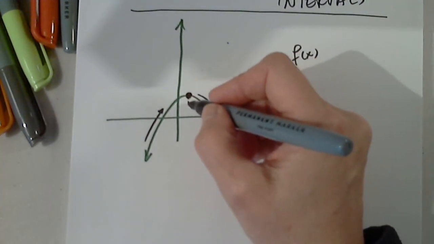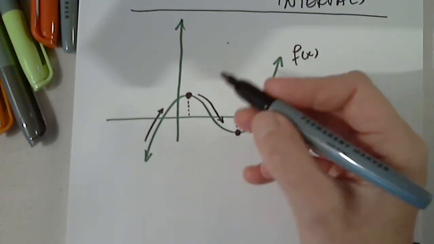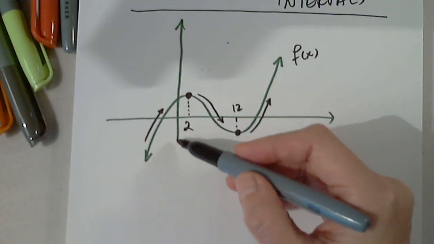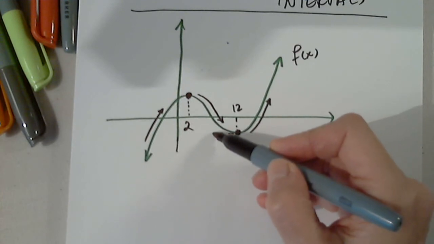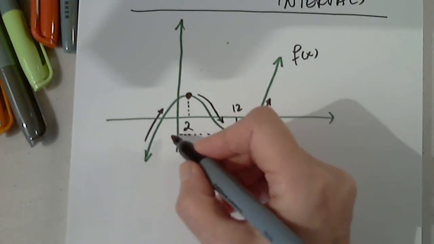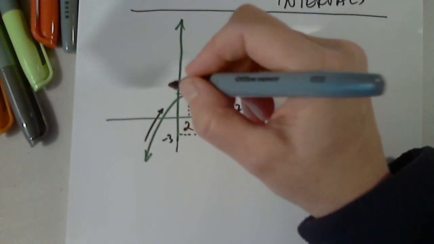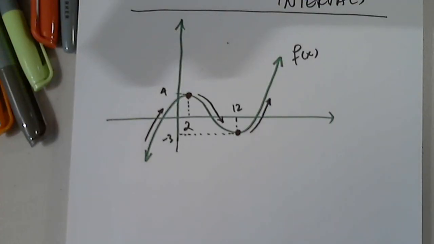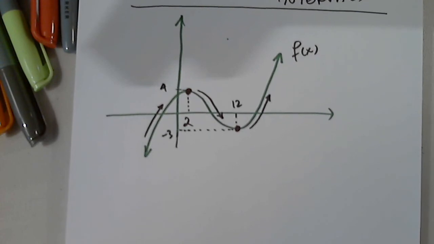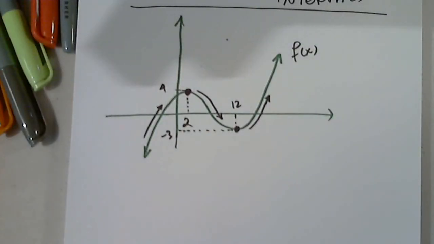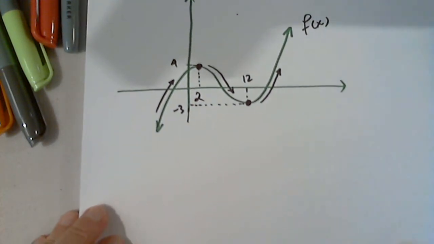I'm going to put some numbers here because I need them. Let's say 2 and 12. I'm also going to put some numbers here. Let's say negative 3. And here 4. I just made them up. I will say the following.